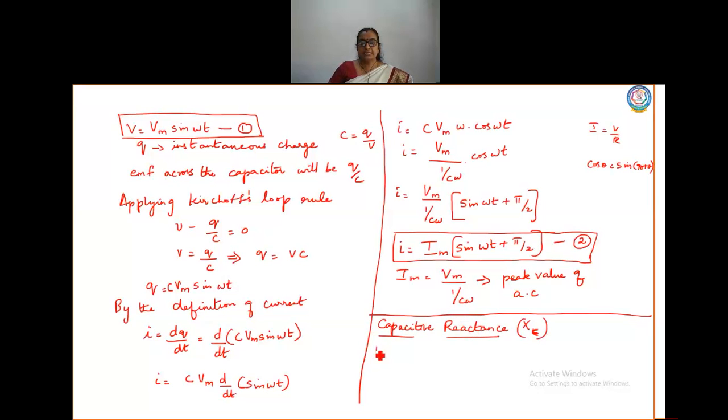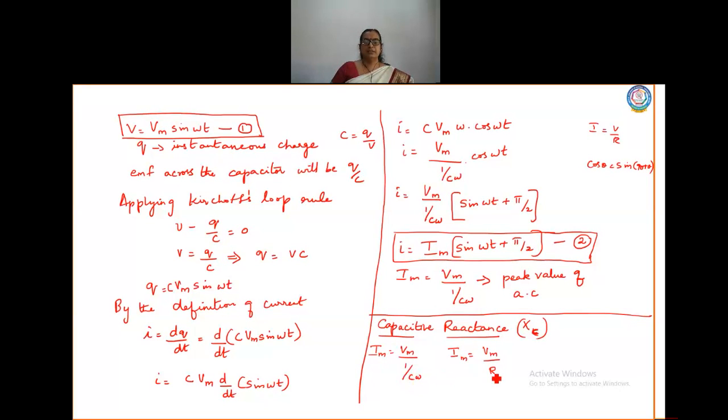Now let us compare this equation with the value of current in the resistive circuit. We have learnt that the current Im is equal to Vm by R. Now this is the case of a resistive circuit, and this is the case of a capacitive circuit.